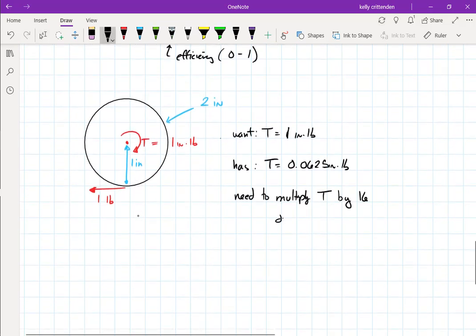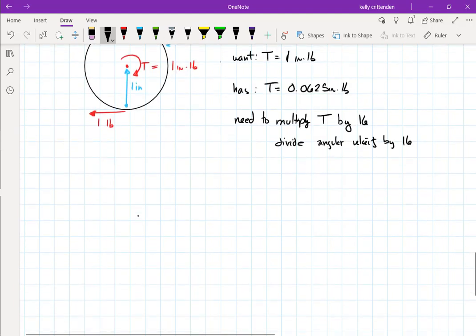That means divide angular velocity by 16. So how do I do that part? That's the part that you have to figure out. What we're going to do is something like this.